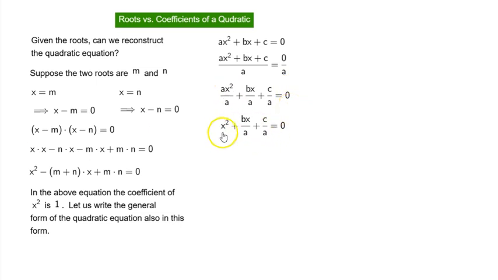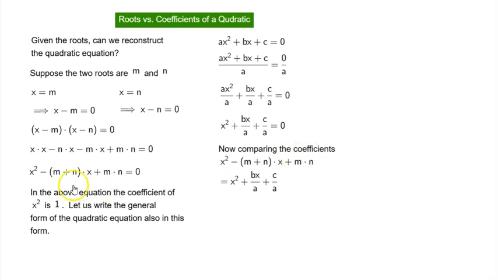We have to get rid of a. How do we get rid of a? We divide both sides by a. Now let's split it into multiple fractions. Left hand side, we get ax square by a plus bx by a plus c by a is equal to 0 by a, which is 0. And now the first term becomes x square plus bx by a plus c by a is equal to 0.